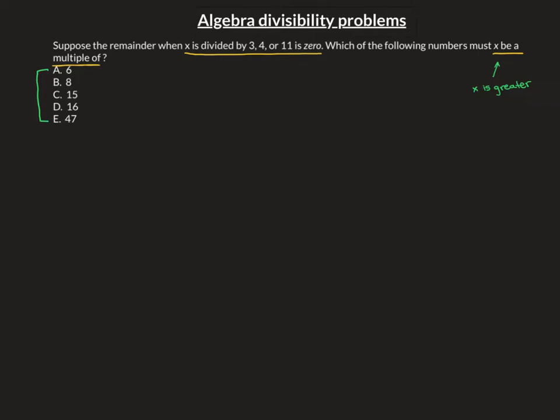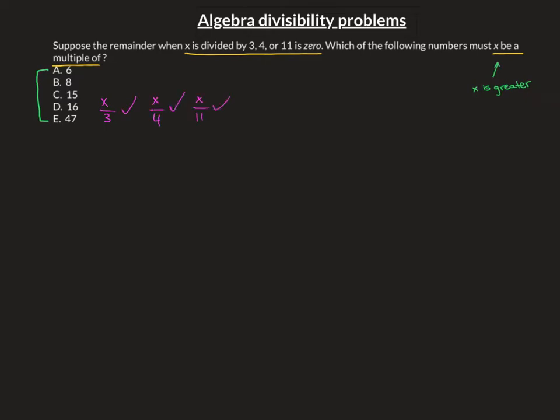One way to find out what number x is a multiple of is to test and then cancel the number out. So we take 3, 4, and 11. That means x divided by 3 works, x divided by 4 works, and x divided by 11 works.